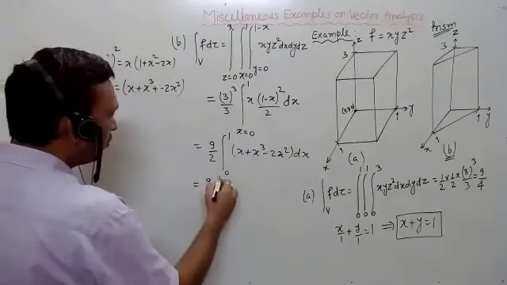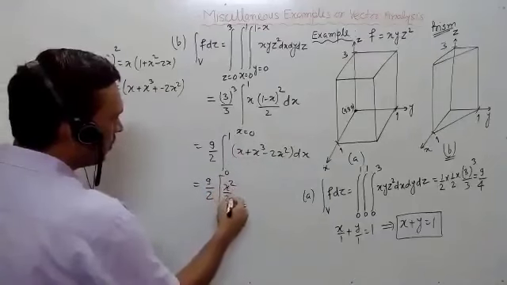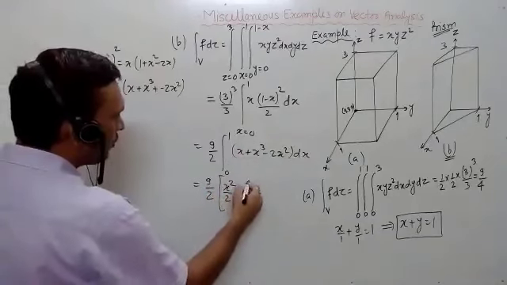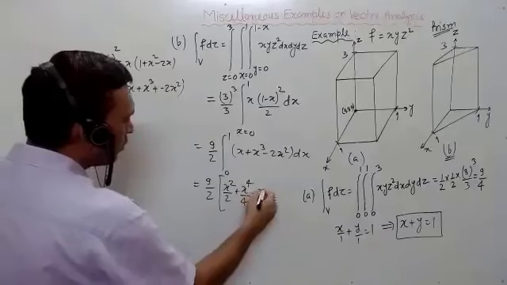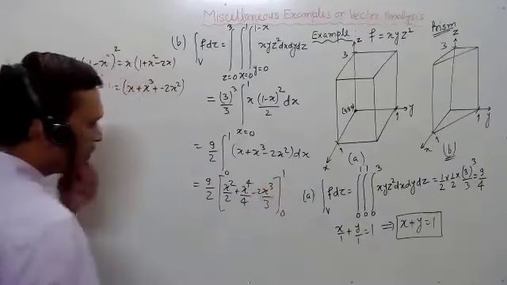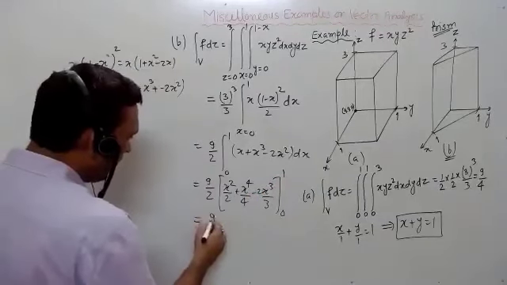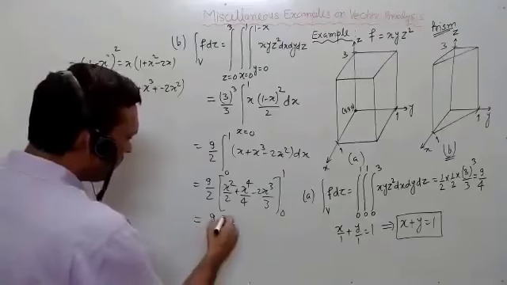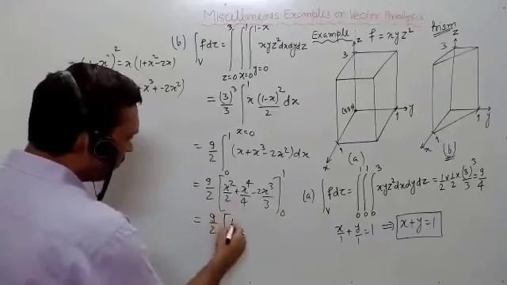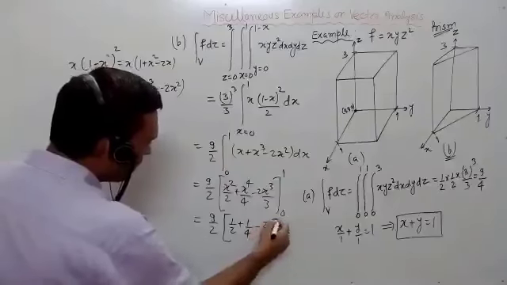So 9 by 2, this is x minus x square... integrating, x plus x cube by 3 minus x square, with limits 0 to 1. So this will be 9 by 2 times 1 by 2 plus 1 by 4 minus 2 by 3.